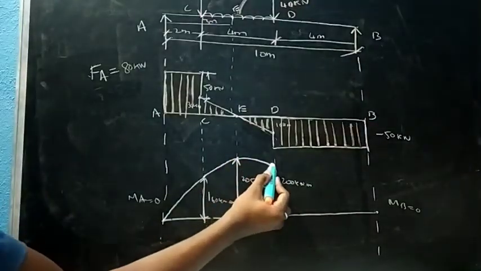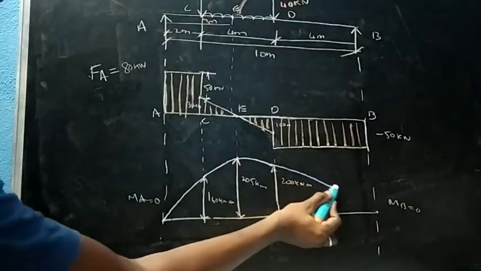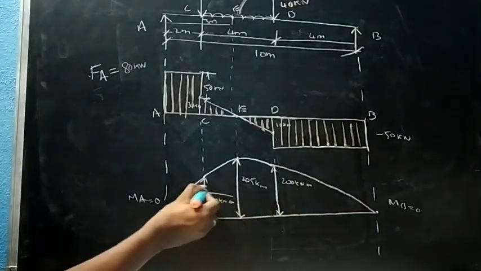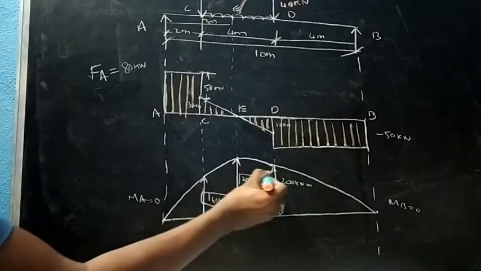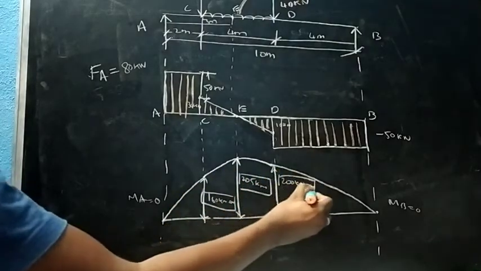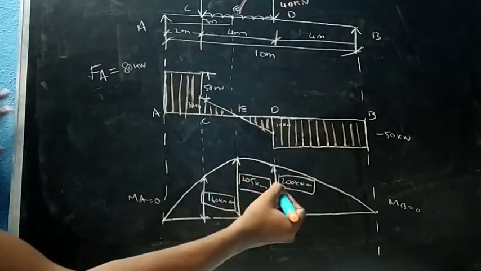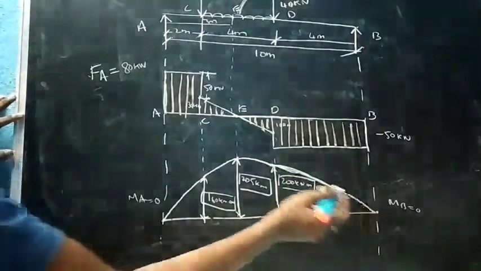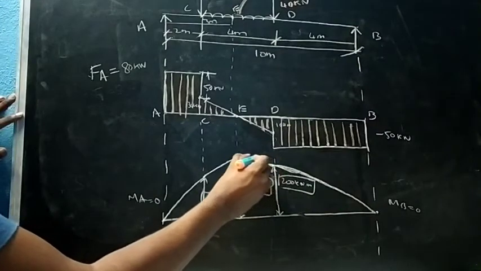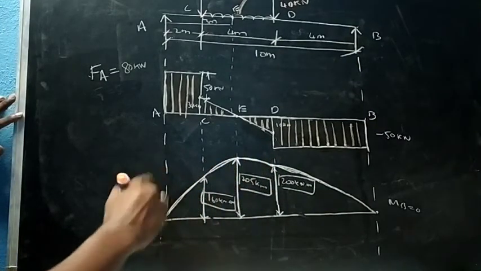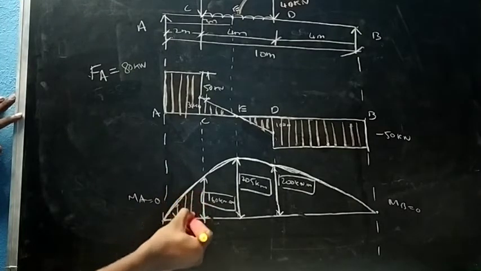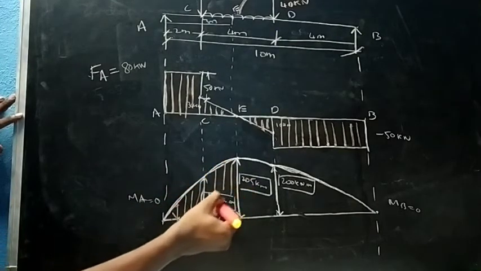Then it will go back to 0, right? So this is your bending moment diagram. So it will be a straight line, or some kind of linear structure, and here it will be parabolic, right? So shade this part to represent bending moment.